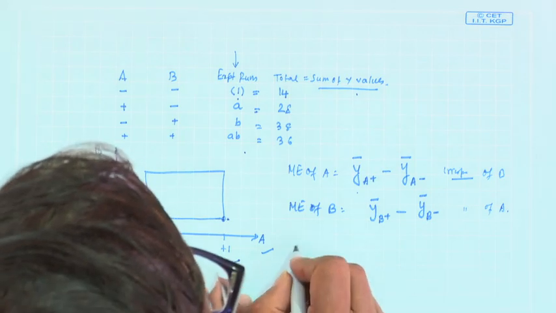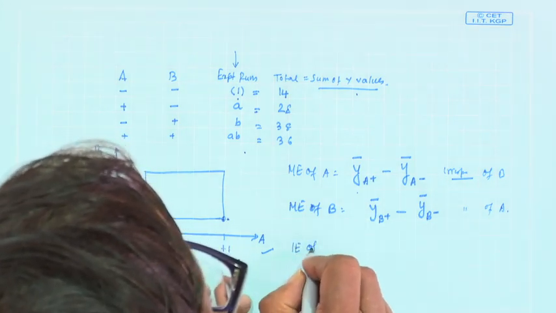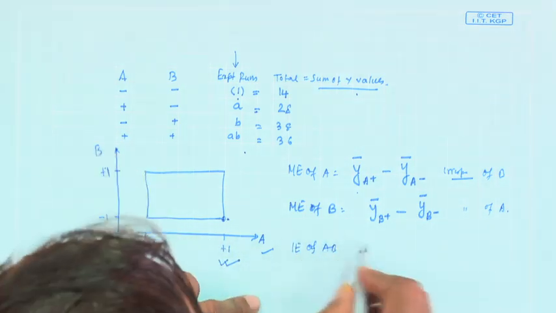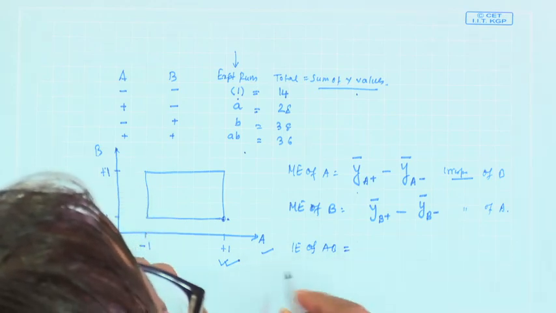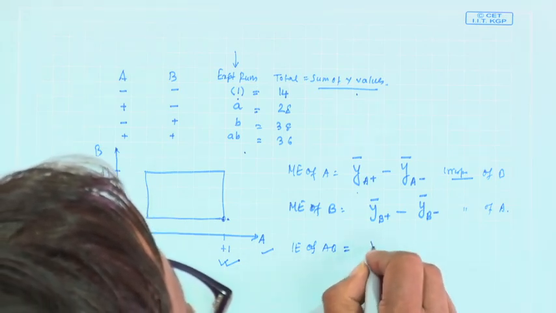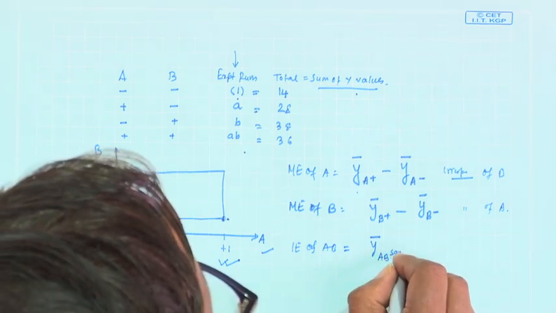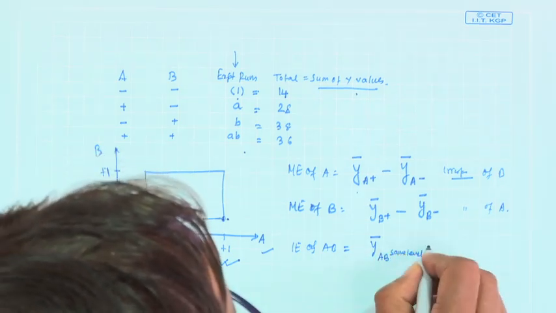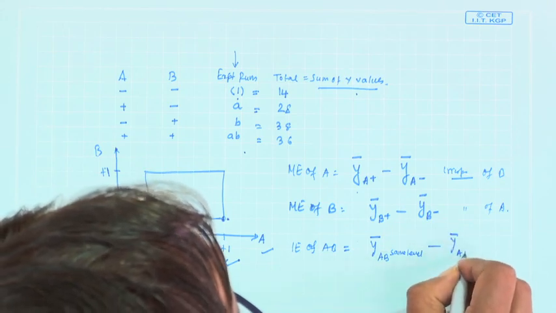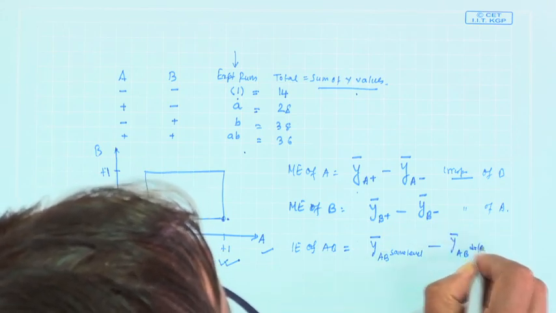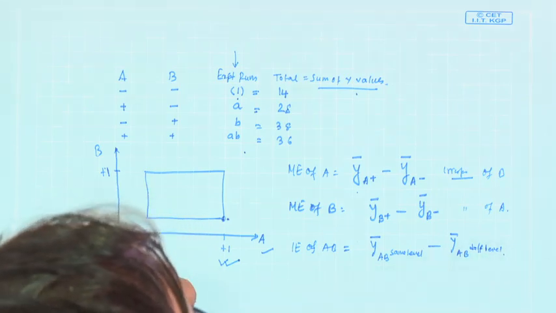Then, what will be the interaction effect AB? That will be the y bar AB at the same level minus y bar AB at a different level. What does it mean?